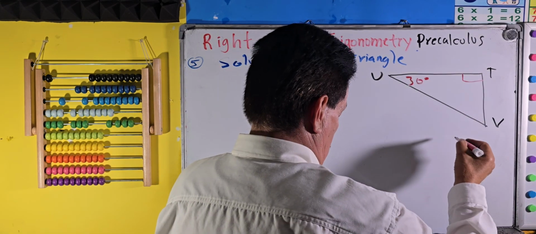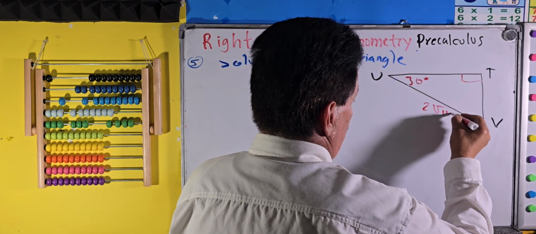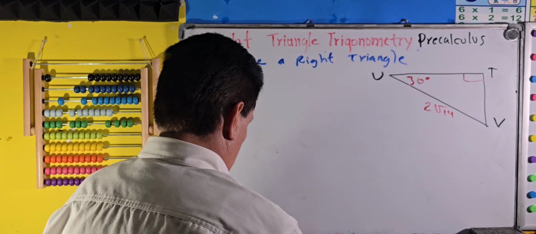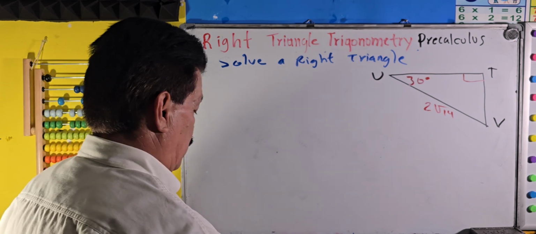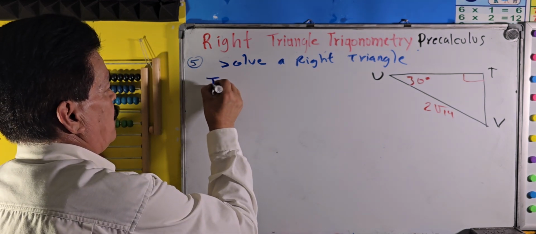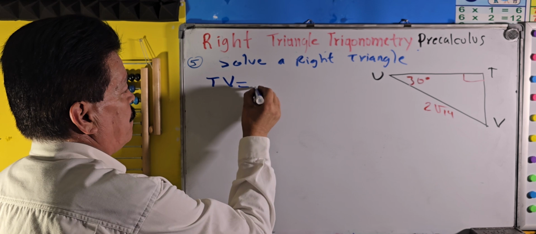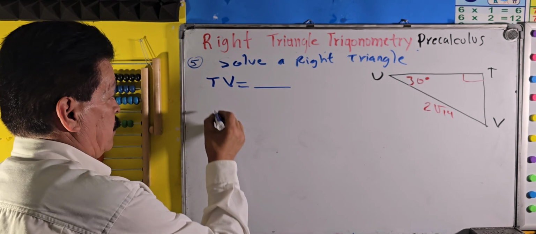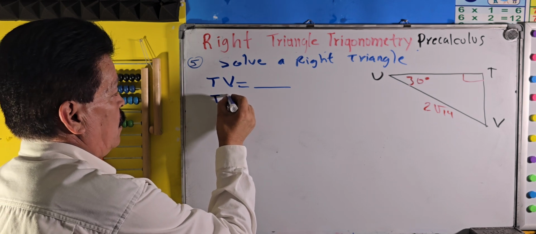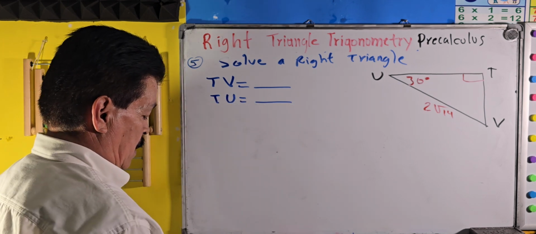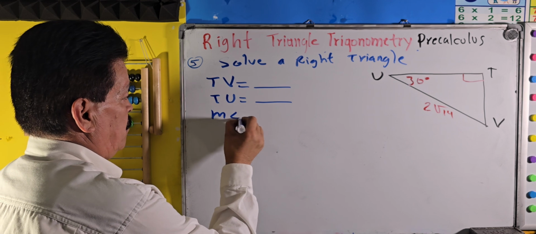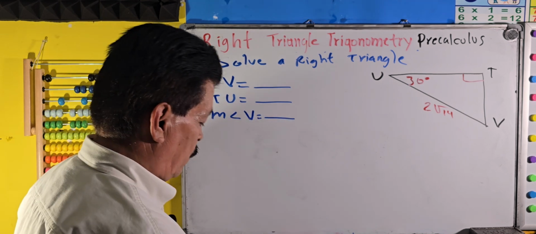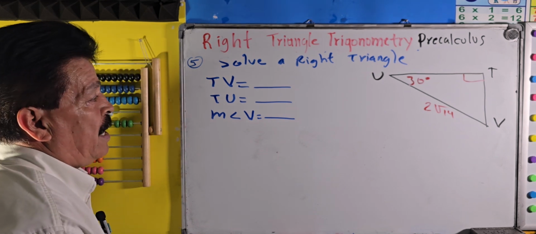This is the right angle, and then this is 2 square root 14. This is our problem. So we have to find how much is TUV, and then TU, and then the measure of angle B. So these three questions.